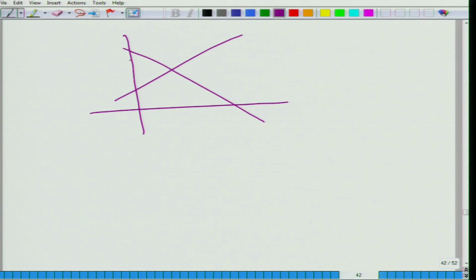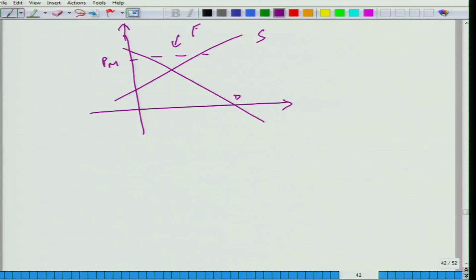Minimum support price is above market equilibrium. This is demand, this is supply, and this is the minimum support price. What will happen? What you can see immediately is excess supply.